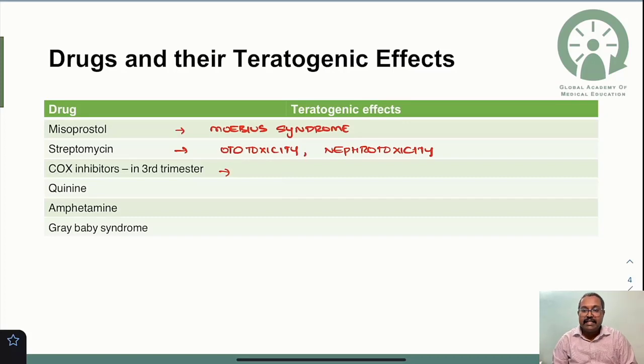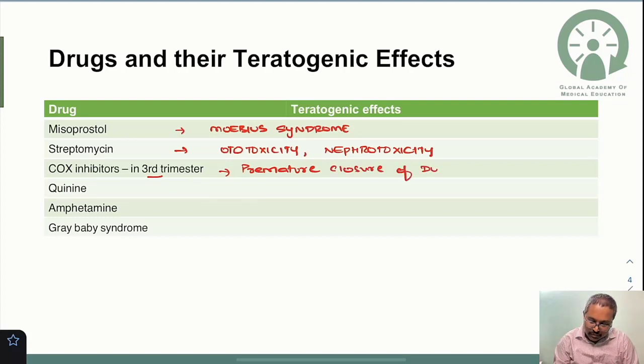What about the COX inhibitors? Especially the NSAIDs, anti-inflammatory agents which inhibit the COX enzyme, especially if they are given in the third trimester of pregnancy, are known to cause premature closure of ductus arteriosus.